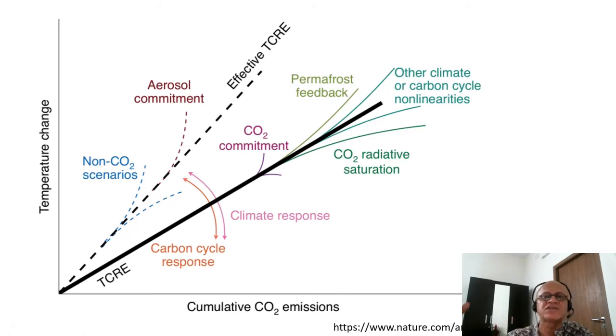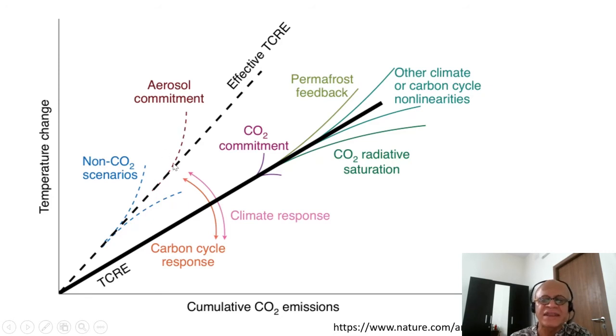Methane quickly gets burned to carbon monoxide and carbon dioxide and so on, which can increase the rate of warming compared to cumulative CO2. The commitments, CO2 commitments, can go either way and so on. So the effective transient climate response with aerosols and non-CO2 scenarios and so on.